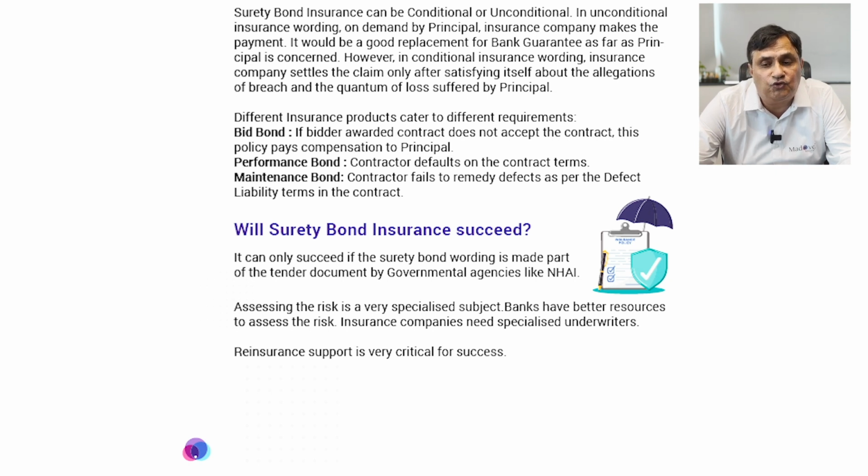Banks have better resources than insurance companies. Insurance companies need specialized underwriters for this. And if the surety bond insurance has to succeed, reinsurance support is very critical. If these three factors are fulfilled, there is a chance of the surety bond insurance succeeding in the market.